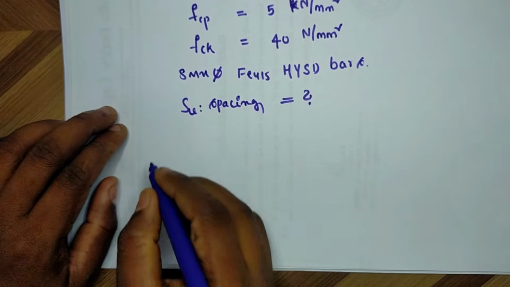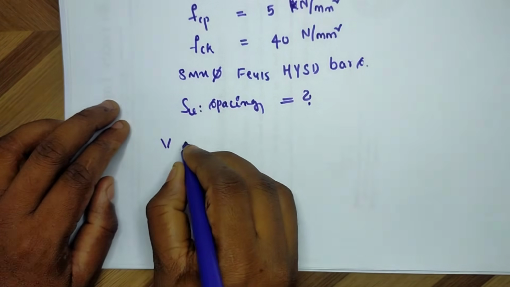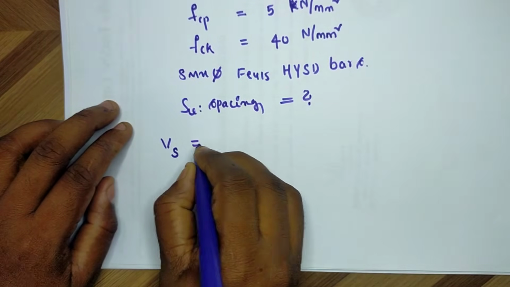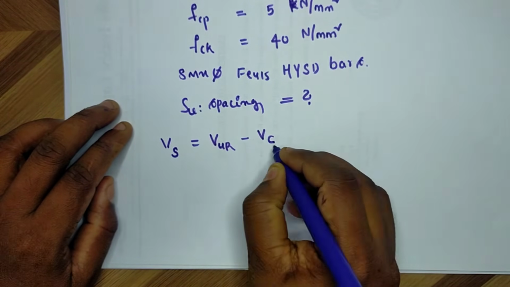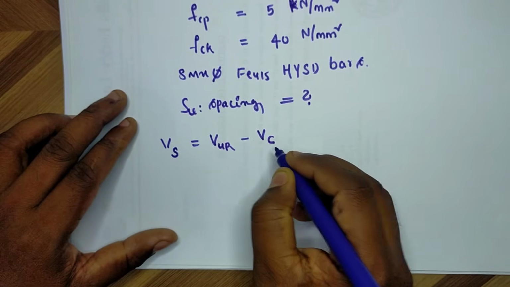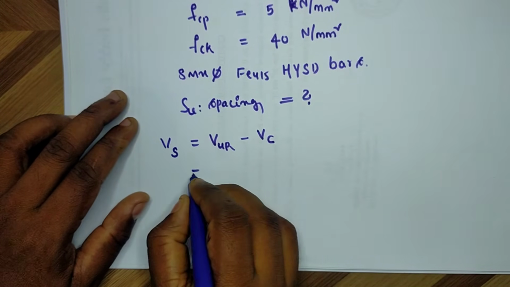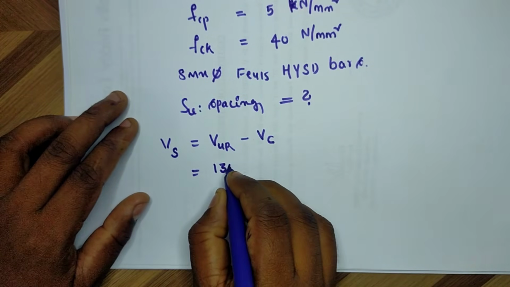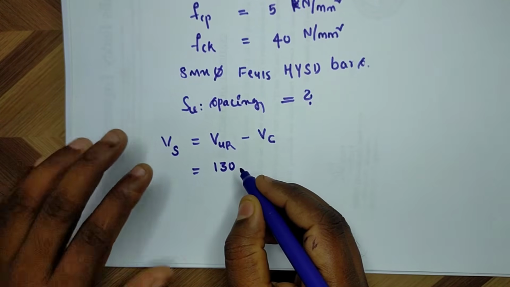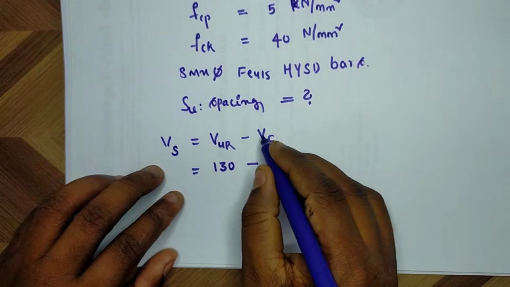First, what we need to do? We need to determine VS. VS is equal to VUR minus the shear resistance contributed by the concrete. VUR is already given, that is 130 kilonewtons, minus VC.